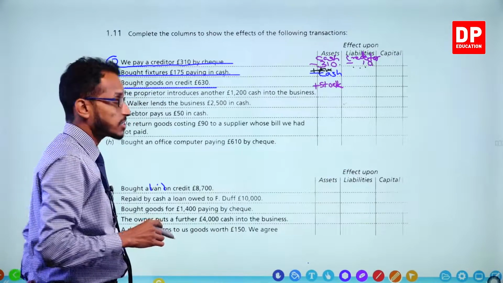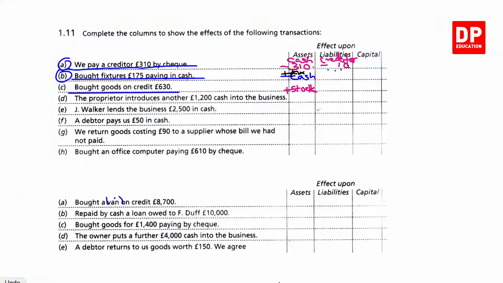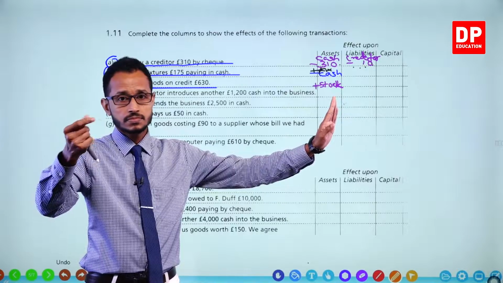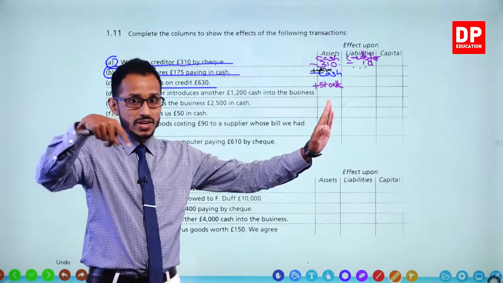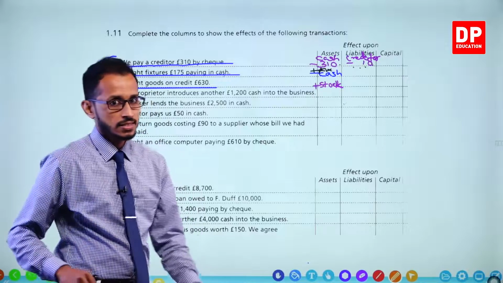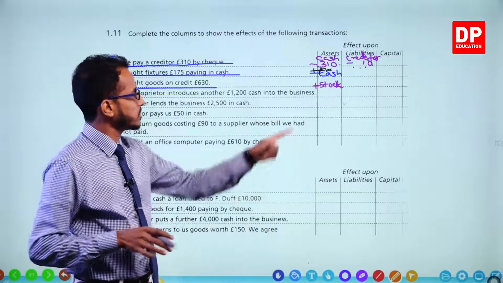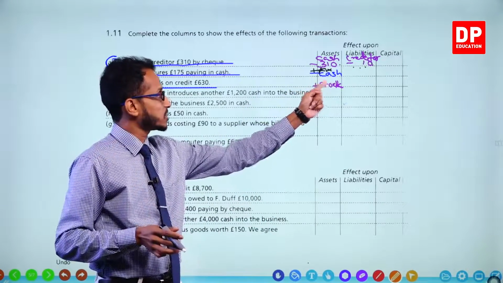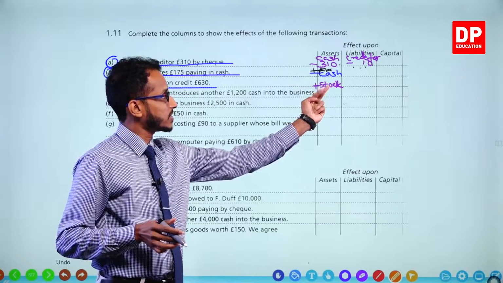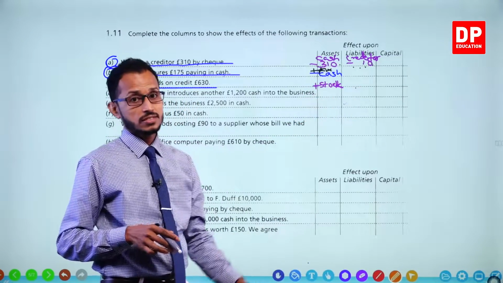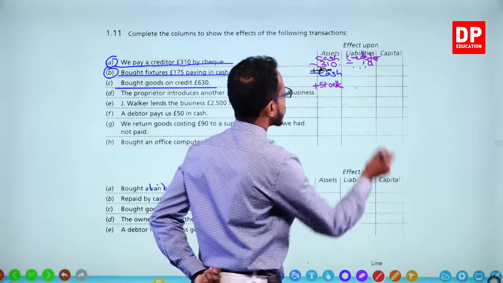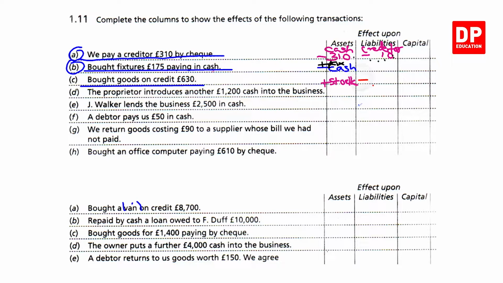But cash does not decrease. Cash is not paid. Because of this transaction, stock assets increase, but liability also increases. So I have to write here plus creditor.